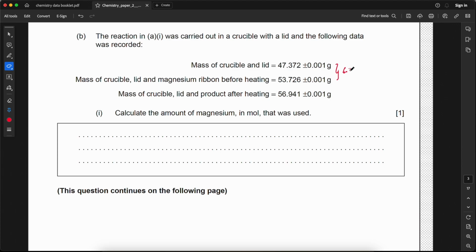It's 6.354. To find the mole of magnesium, that would be m divided by Mr. So 6.354 divided by the relative atomic mass of magnesium, which is 24.31. It's 0.2614 mole.